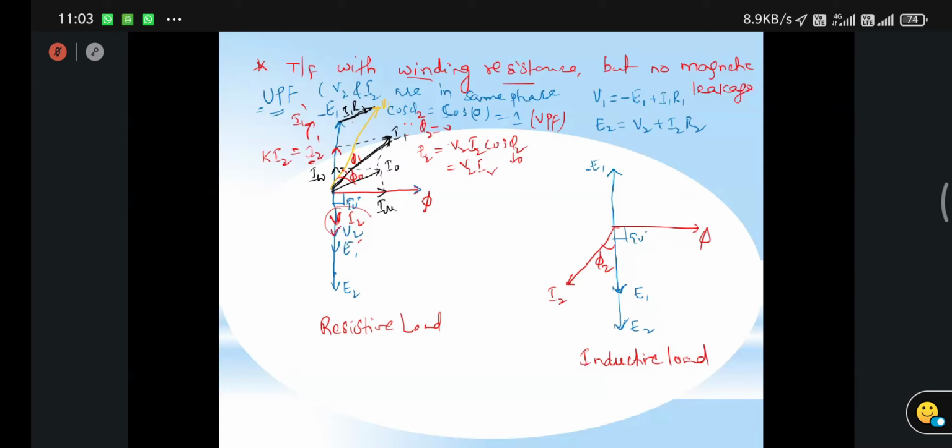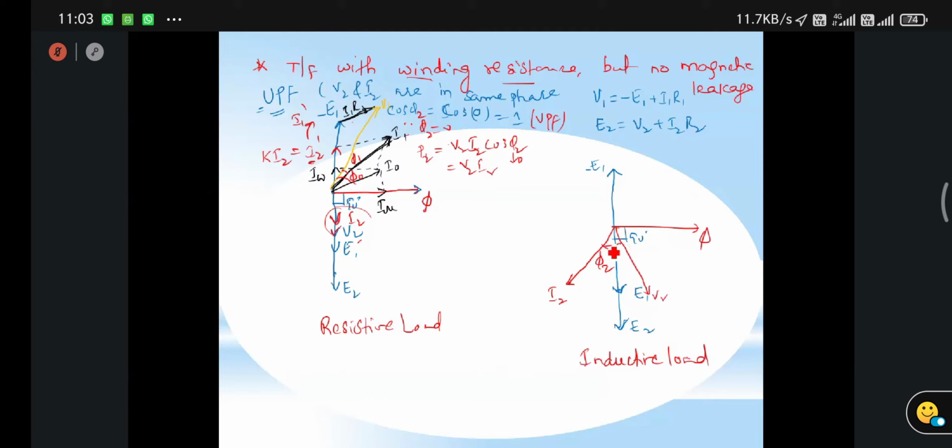Otherwise, you can take this one as V2. You can take this V2 here only. This is the V2 direction.